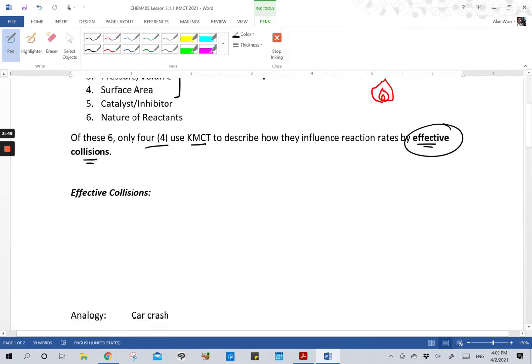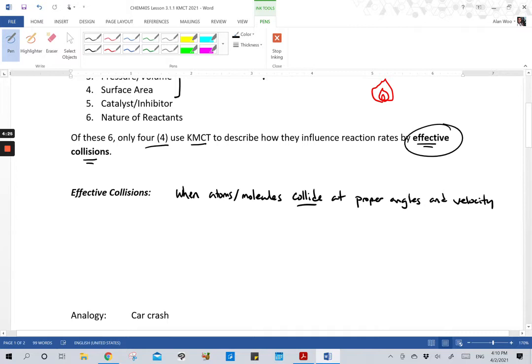Effective collisions happen when atoms or molecules collide at proper angles and velocity, which is basically speed with a direction.